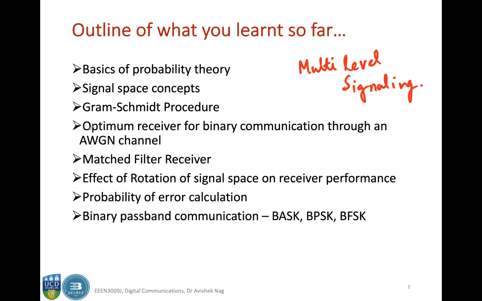You see, we designed an optimum receiver for binary communication through an AWGN channel. We will do the same now for multi-level communication, and we will see how these aspects are represented in signal space, how to calculate the probability of error for multi-level signaling, and what the basic multi-level signaling schemes are for digital communication.